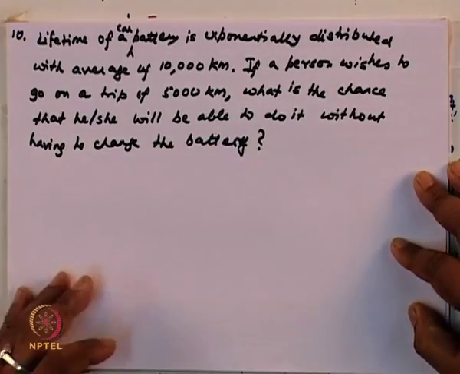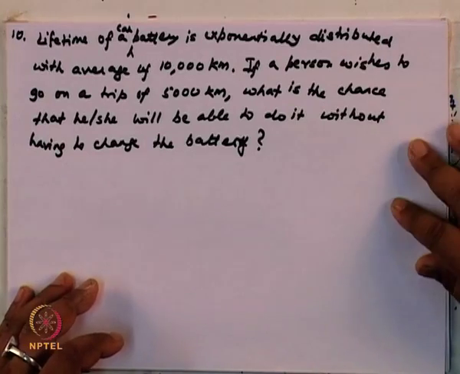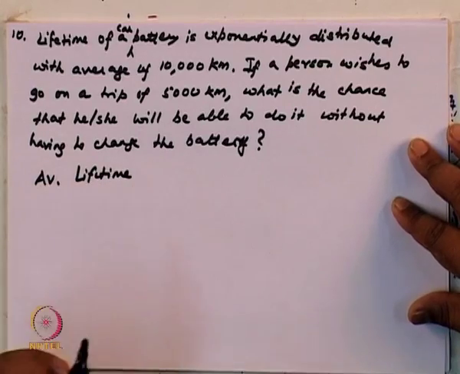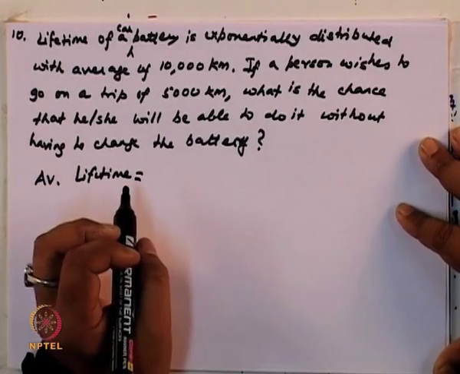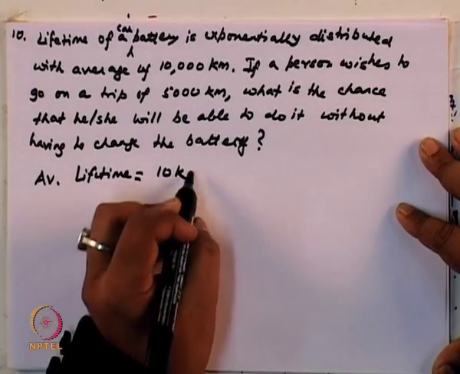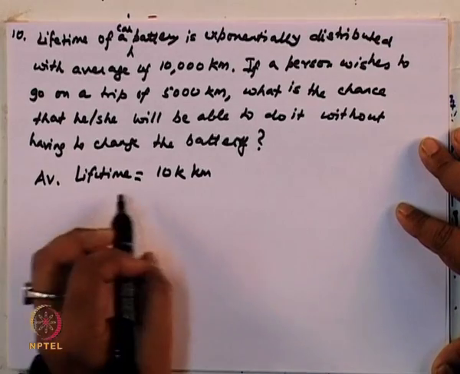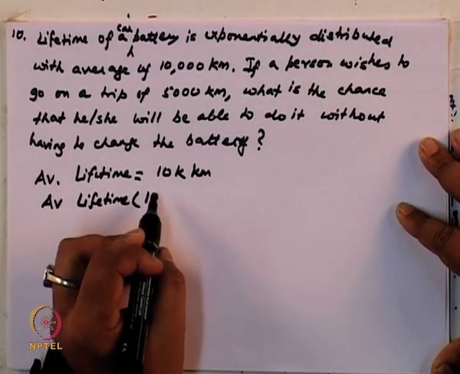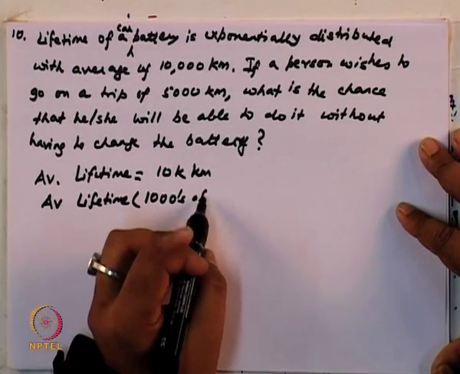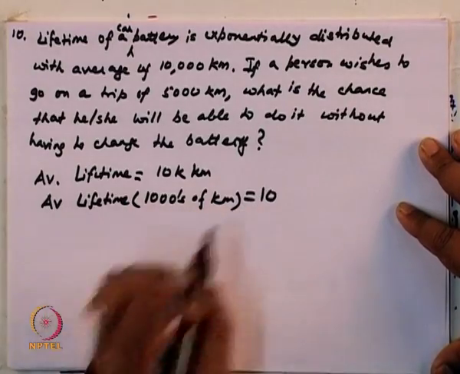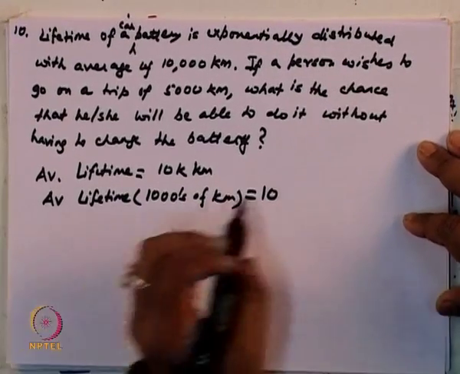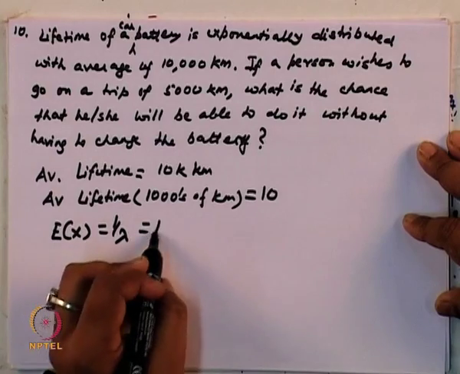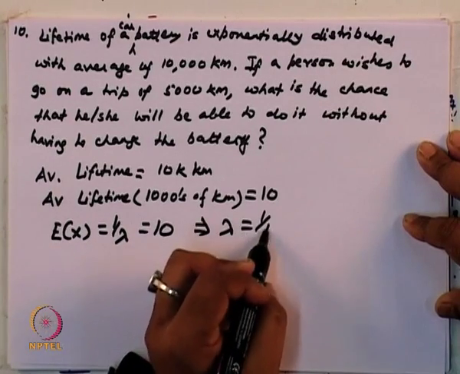What you are given is the average lifetime. If I put the average lifetime in units of thousands of kilometers, my average lifetime is 10. I know the expectation of this exponential distribution is 1 by lambda, and this is the same as 10, which would mean my lambda is 1 by 10.